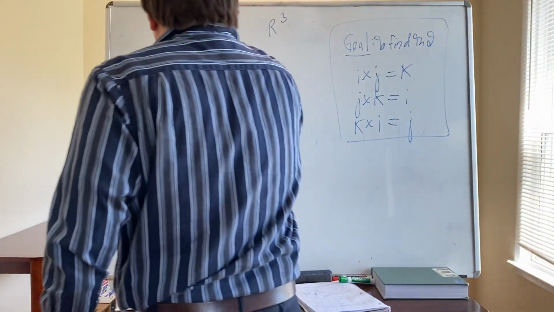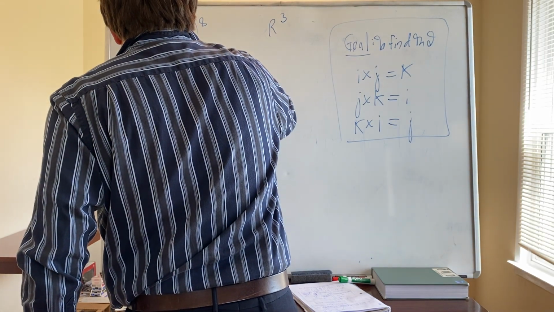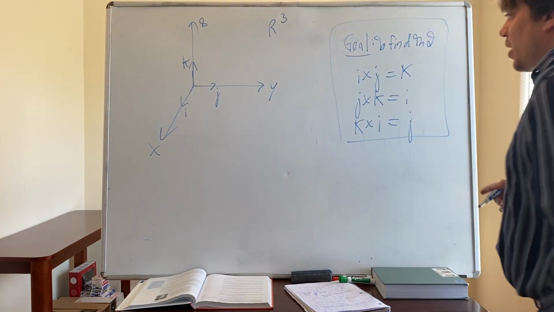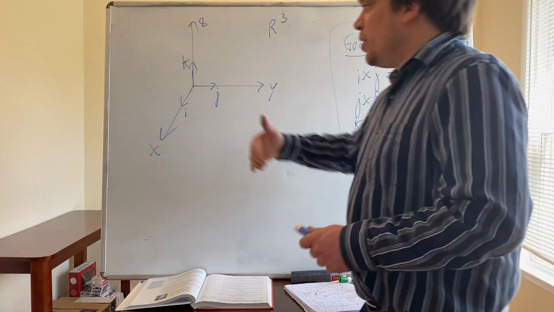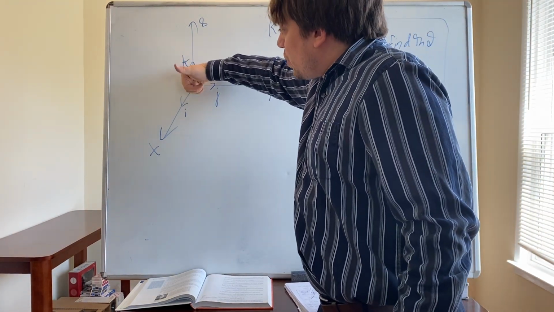They meet at the origin here. Okay, so I want to find I cross j. Using the right-hand rule, my 4 fingers are going to point in the direction of I. They're going to curl towards j.